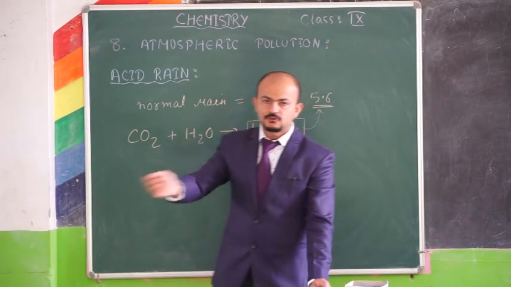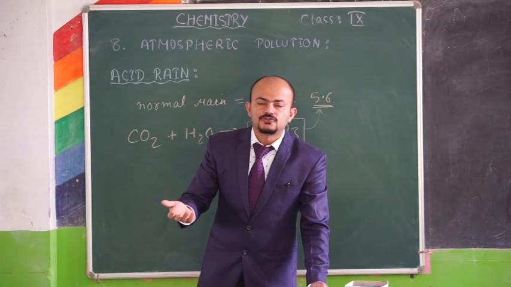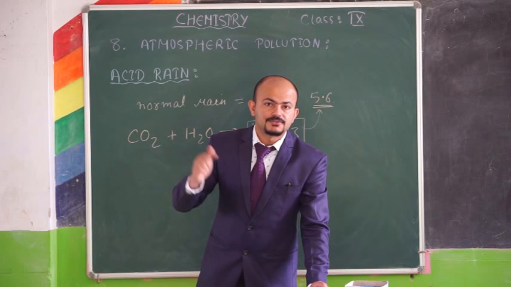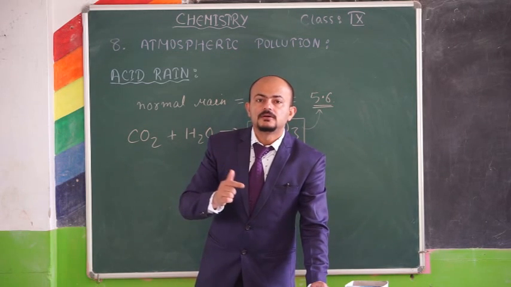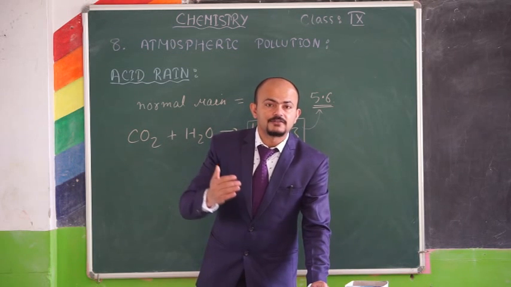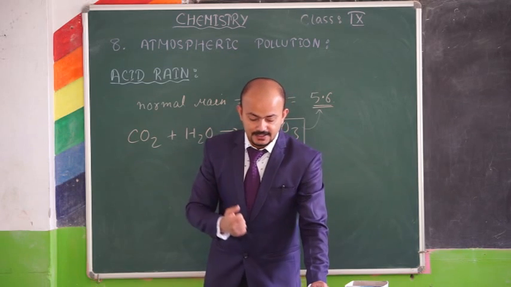And you have to remember the pH value of any neutral solution is 7. 7 is a neutral point. Above 7 they are alkaline. Below 7 they are what? Acidic. And lower the value of this pH, then they will be more acidic.